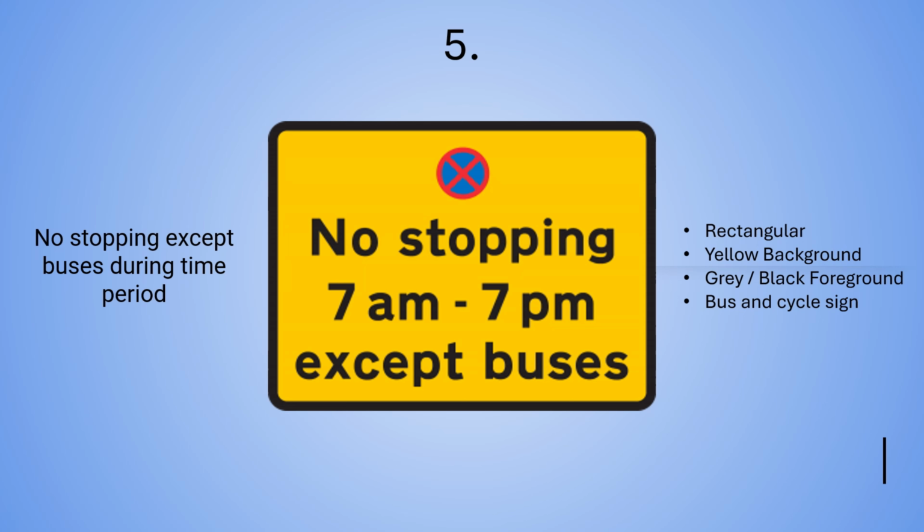If you have a look at the sign, you can see the no stopping icon on top, and then you also have written in words no stopping, and then the time period between 7 a.m. to 7 p.m. So there is no stopping between those times apart from the buses. However, different signs will have different time periods, so you need to make sure that you pay attention to the timings on these signs.